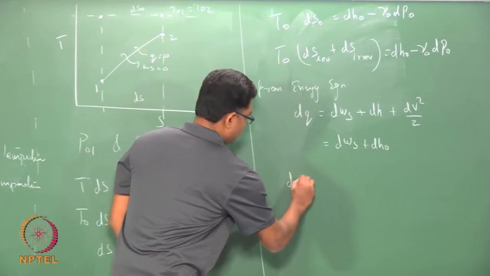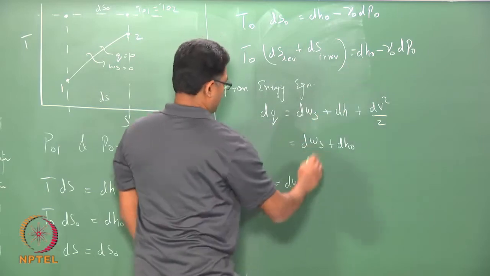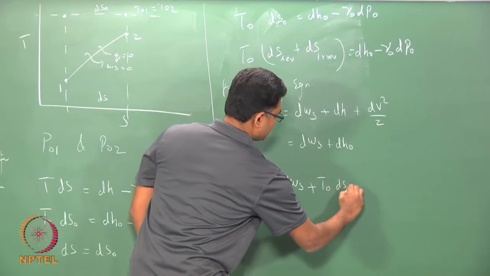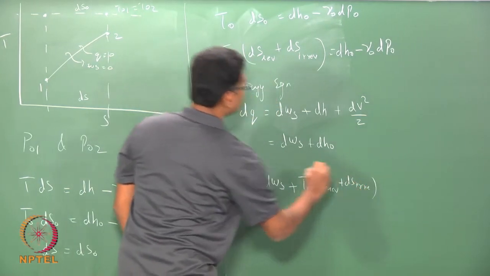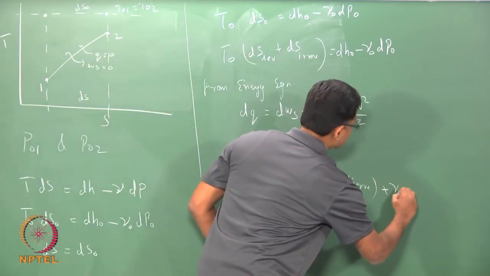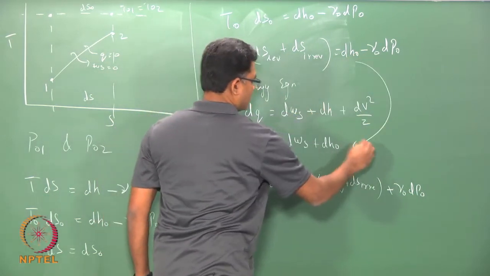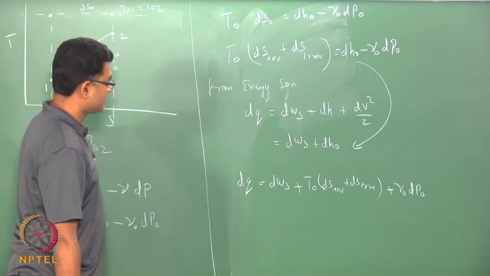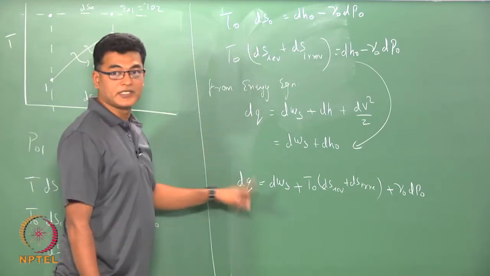So my dq equals dws plus T0 (ds reversible plus ds irreversible) plus V0 dP0. So I am substituting this here. So I have taken the energy equation and from the Gibbs equation I have substituted that.